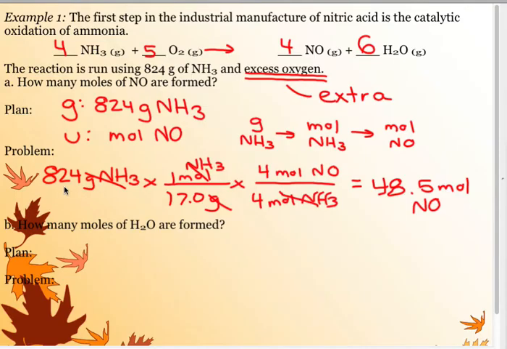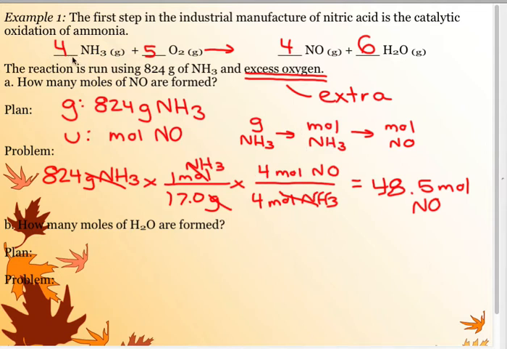So I have my 824 grams of ammonia. First thing I did is I looked up the molar mass on the periodic table. Because I'm given grams, I need to have my grams on the bottom to cancel it out. So I just inverted my molar mass, and I'm allowed to do that. That gives me moles of ammonia. So you can see here that's our first step. Second thing I need is a mole ratio.